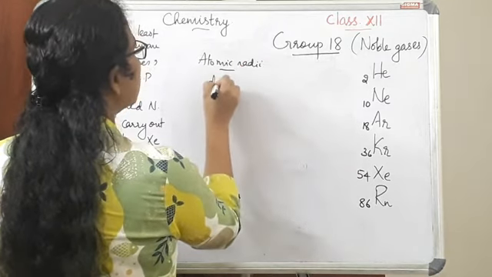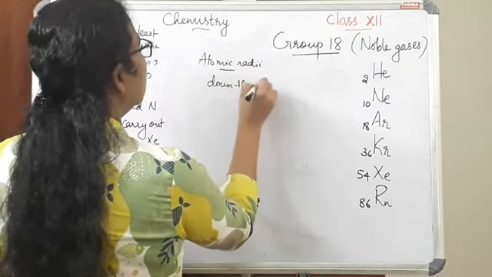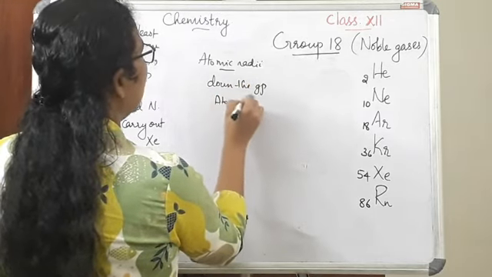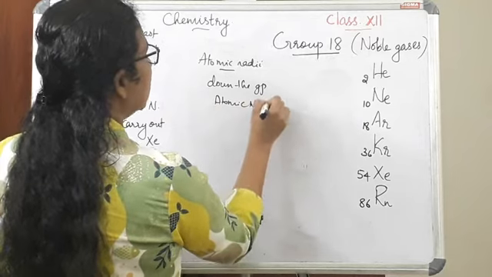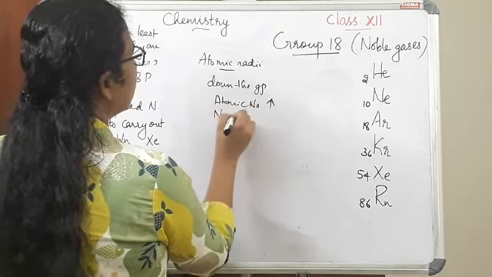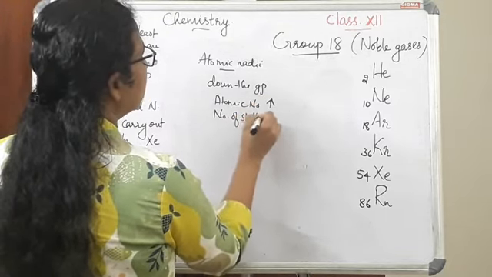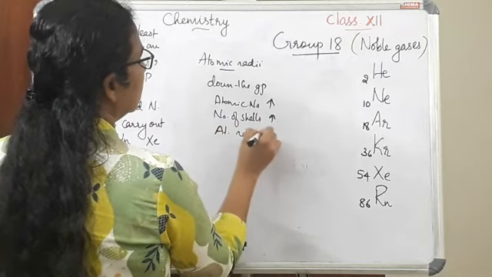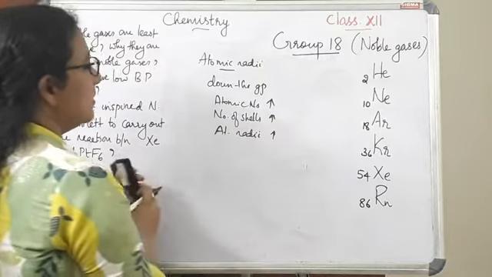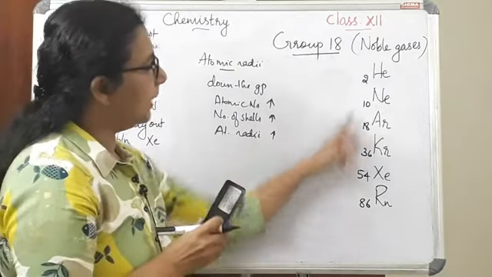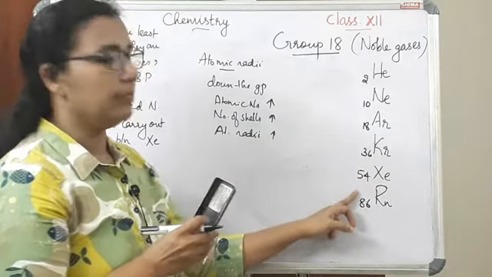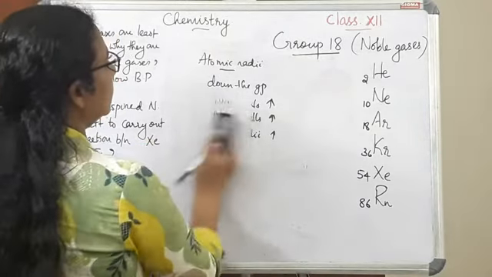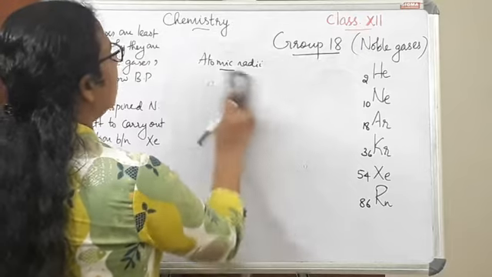Down the group, atomic number is increasing, number of shells are increasing, so atomic radii also increase down the group. So this is about atomic radii.